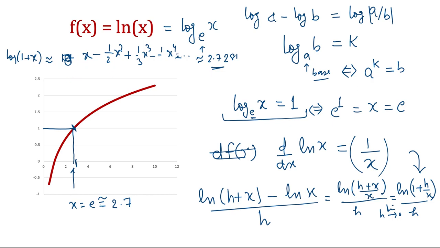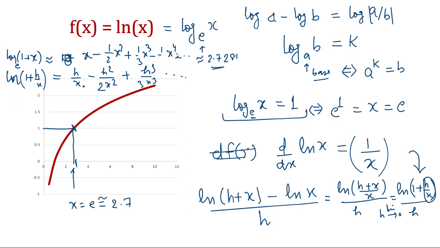So instead of x, we have this h by x. So let's substitute that. So ln(1 plus h over x) will be h over x minus h square by x square divided by 2 plus h cube by x cube divided by 3 and so on.